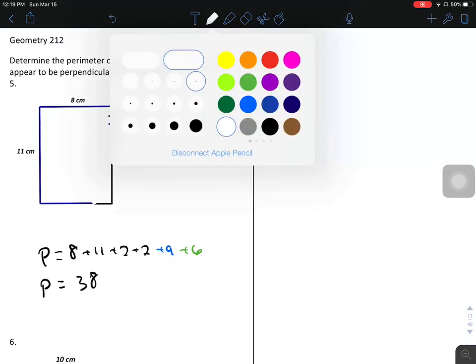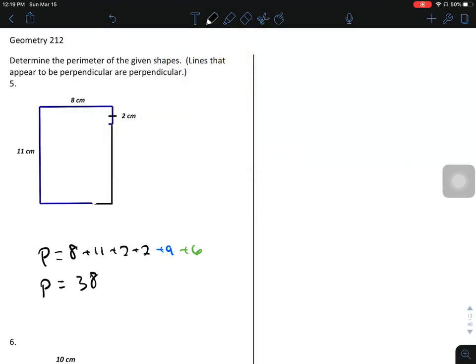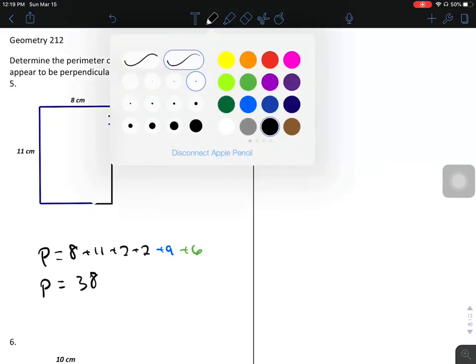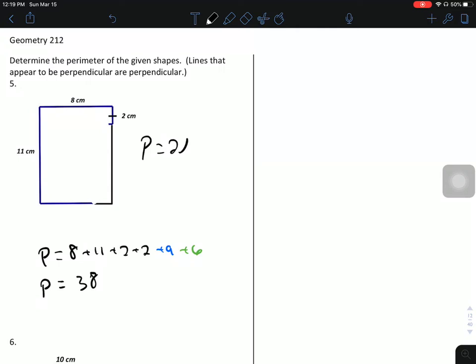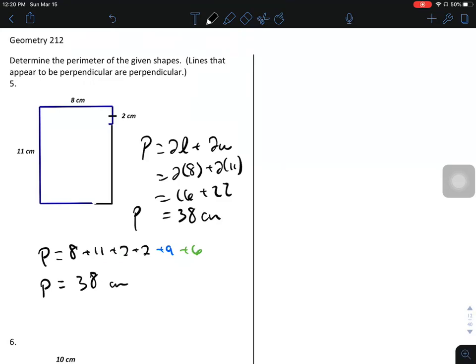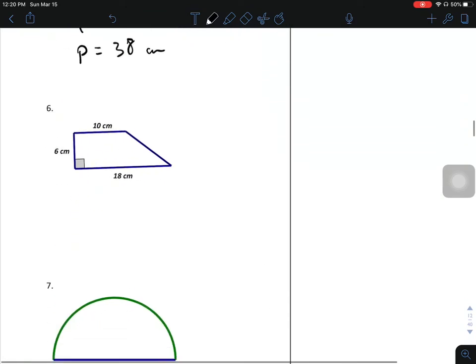This is just a rectangle. Perimeter-wise, it's the same as a rectangle. So the perimeter of a rectangle is 2 times the length plus 2 times the width, so that's 2 times 8 plus 2 times 11, which is 16 plus double deuce, which is 38. These are both centimeters. So I don't care how you do it, whatever makes the most sense to you.